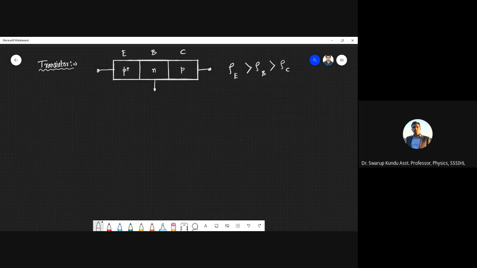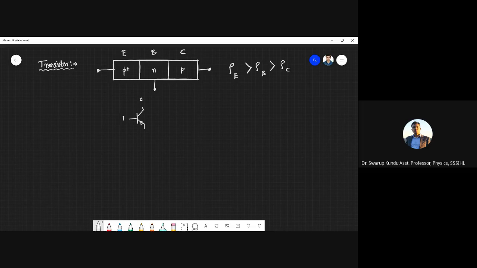Now coming to the symbol. For a PNP transistor, you are already aware of the symbol, but let's put it again. How to remember: in PNP, the base is N. The current direction, the arrow, you should always write from P to N. Let me draw.